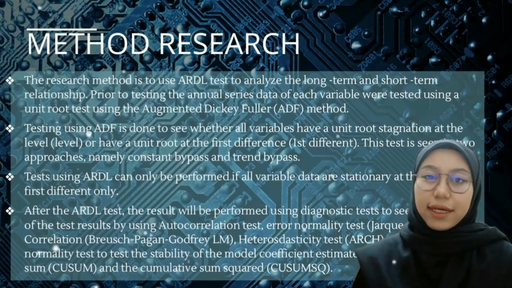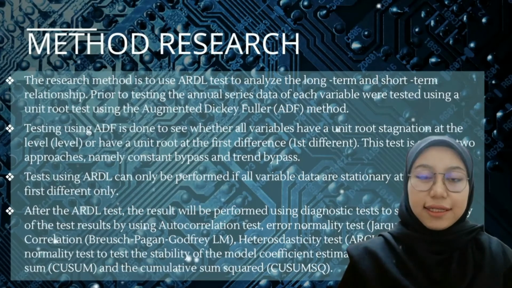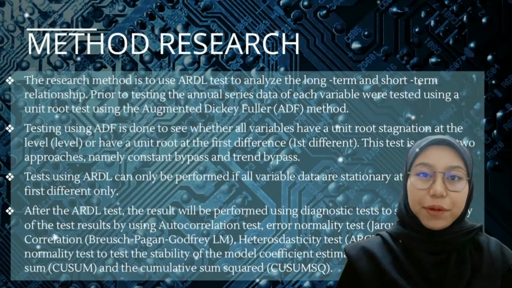Testing using ADF is done to see whether all the variables have a unit root at the level or at the first difference. This test is seen in two approaches named constant and trend. Tests using ARDL can only be performed if all variable data are stationary at the level and the first difference.